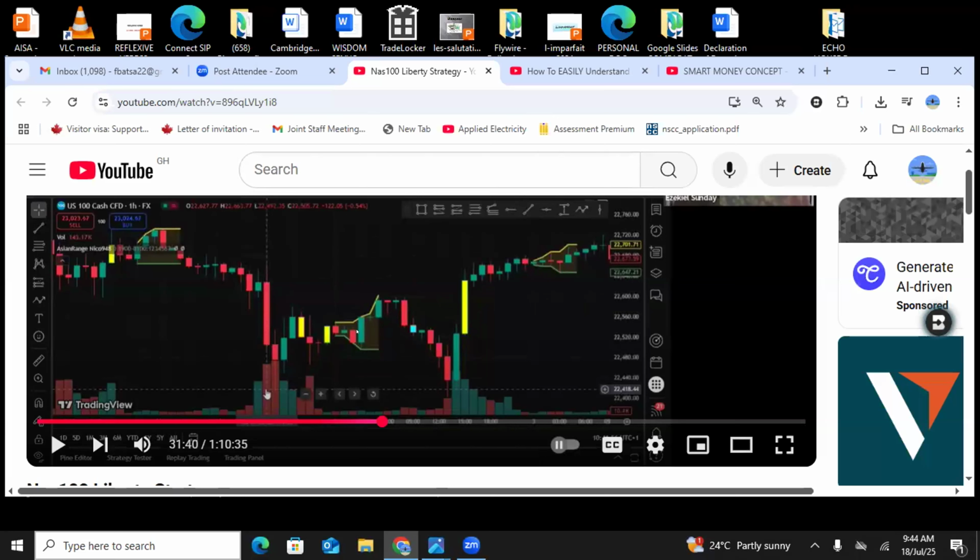All right. Now, the moment you see that it goes above the range, that is where we say there is a change of character or a breakout. Then this one is a retracement down. This is also a retracement down. But watch it over here.